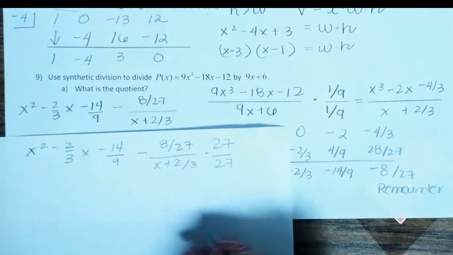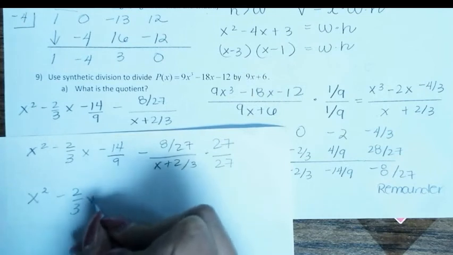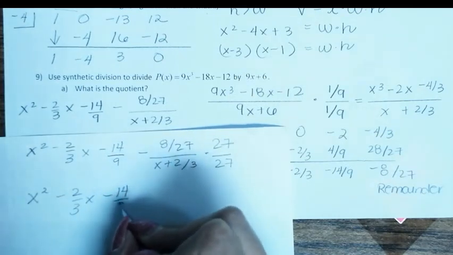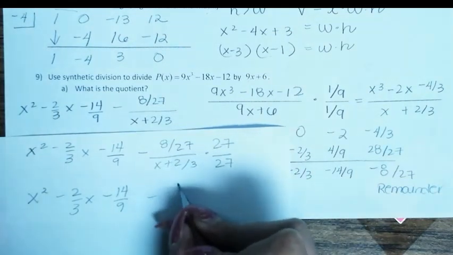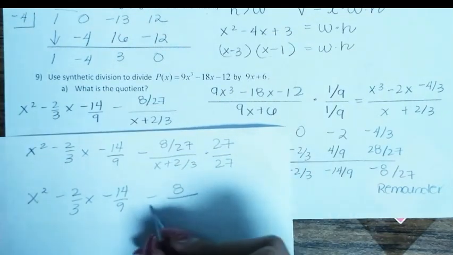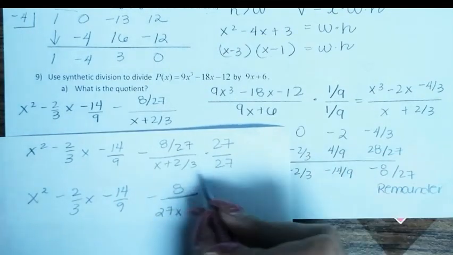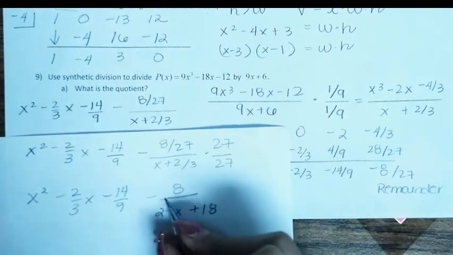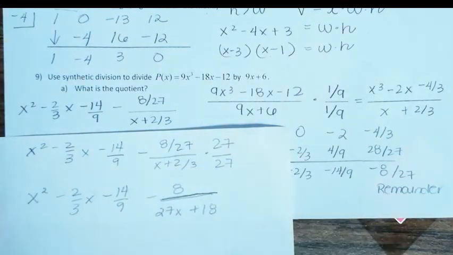So you have x squared minus 2/3x minus 14/9, and this is going to be equal to negative 8 over 27x plus 18. So this is also correct, and you don't have too many fractions here.